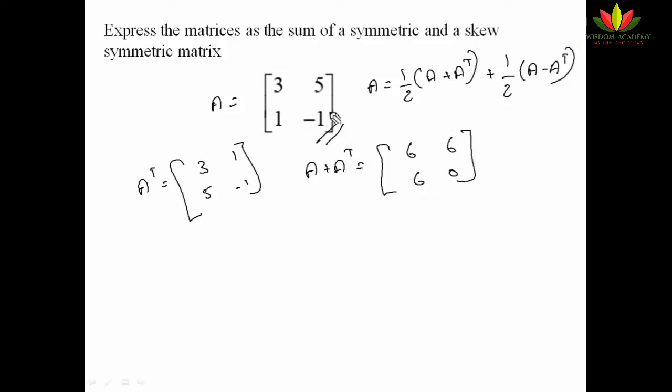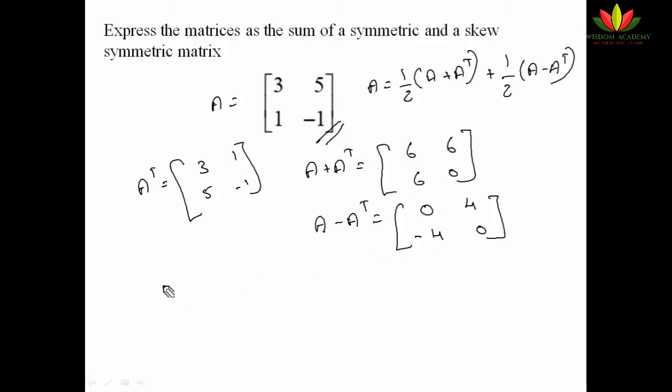So this is A plus A transpose. And what is my A minus A transpose going to be? A minus A transpose is going to be [0, 4, minus 4, 0]. Now this is A minus A transpose.